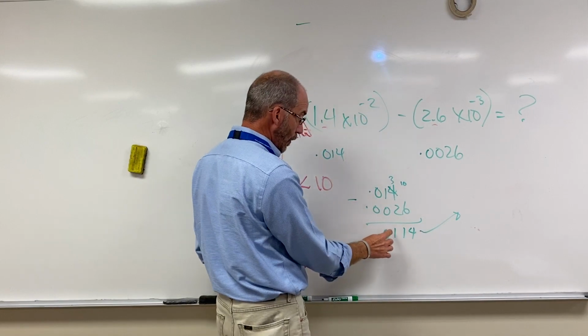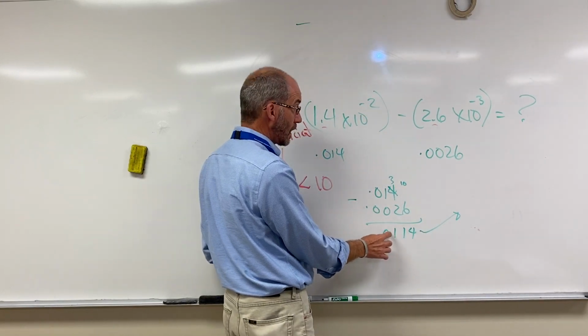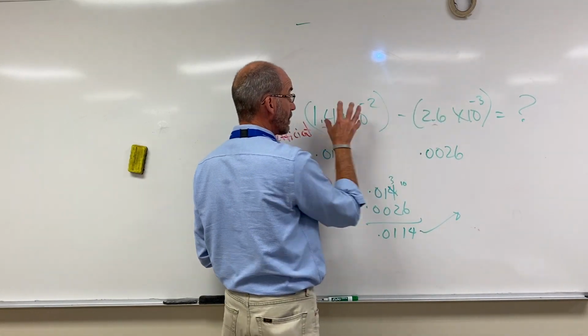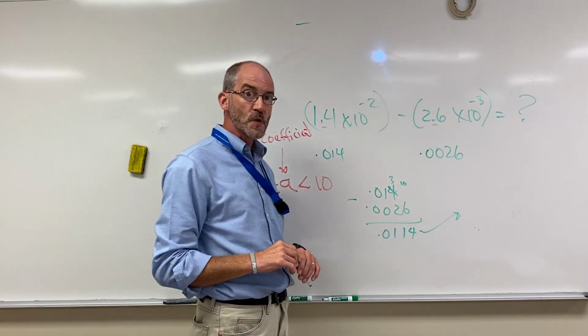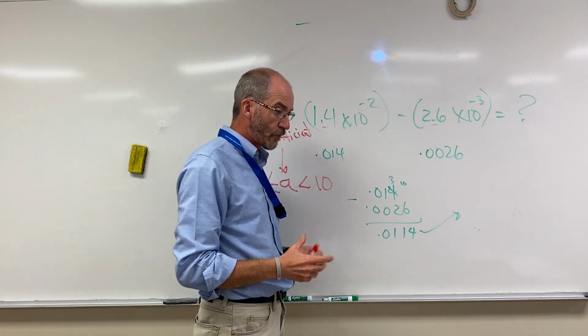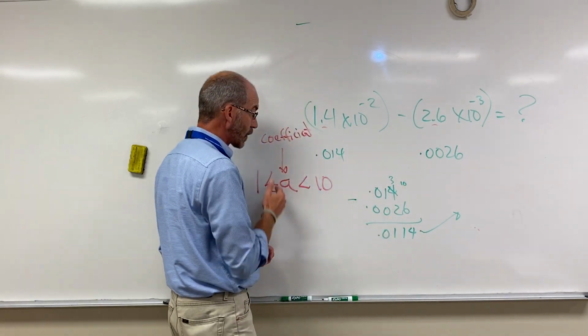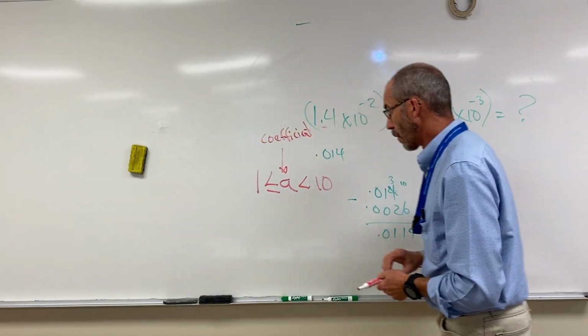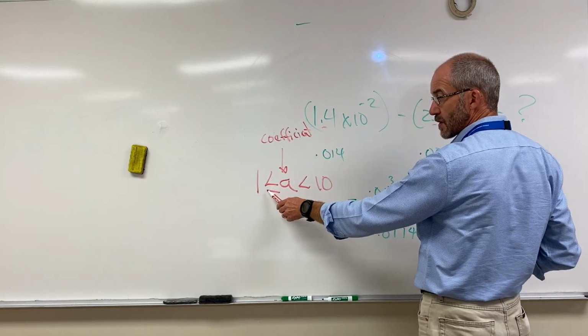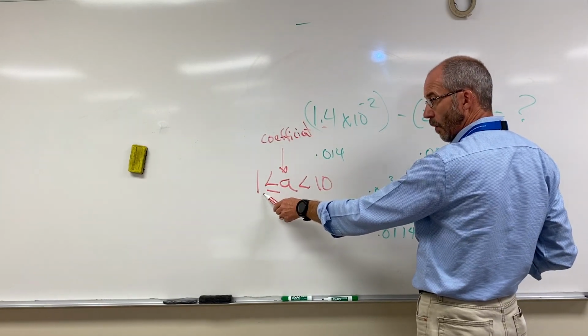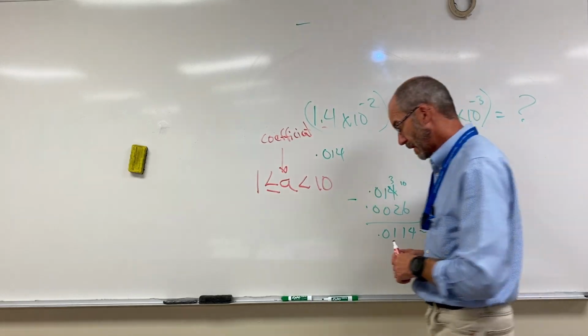So if we're going to write this, the very first thing we have to remember is that we need to meet the definition of a coefficient. The definition of a coefficient is greater than or equal to 1, but less than 10.